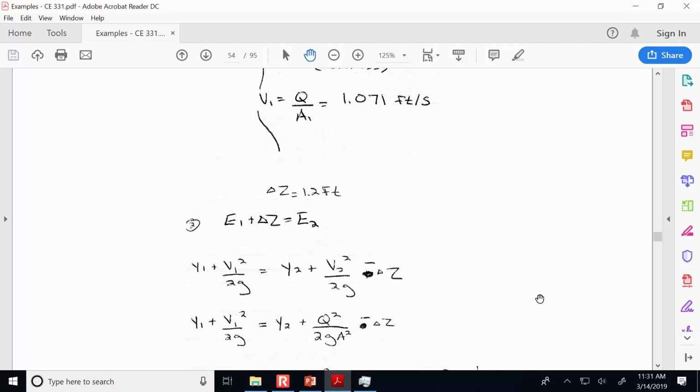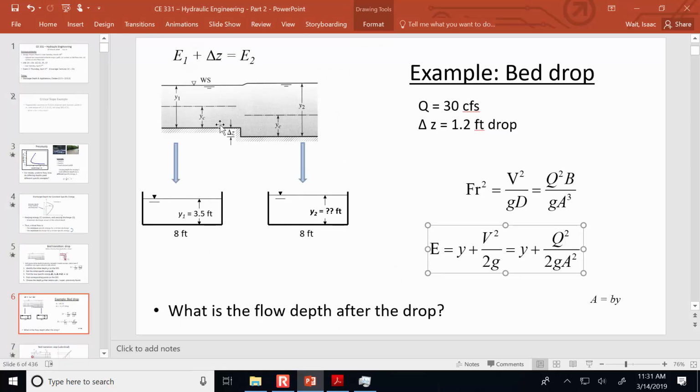The depth is 3.5. The velocity head works out to be 0.0178 feet. So together, that's 3.5178 feet of energy at location 1. And so then at location 2, it's going to be that same amount of specific energy plus the drop down of 1.2 feet. So E2 is 4.718 feet.